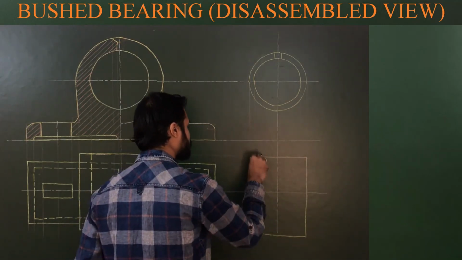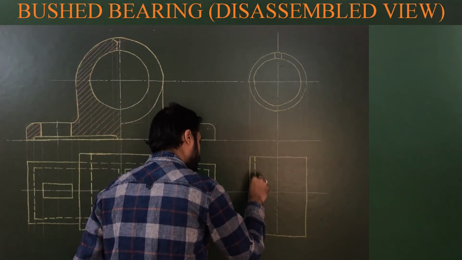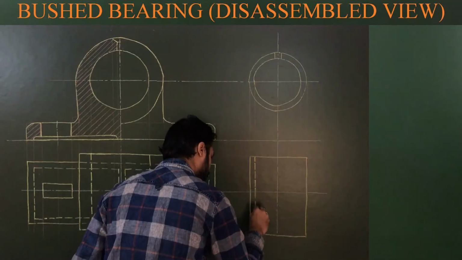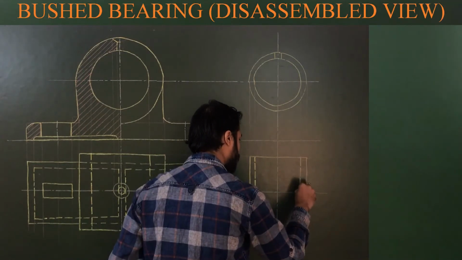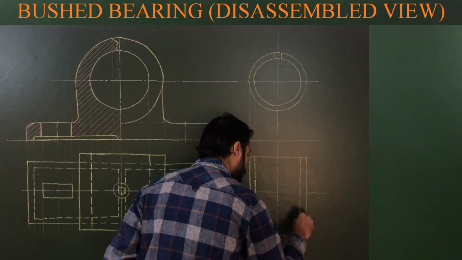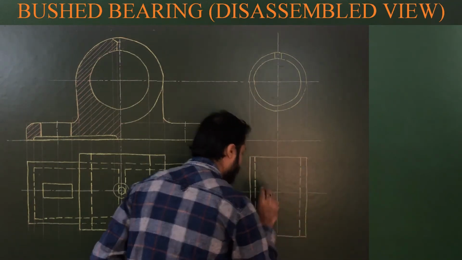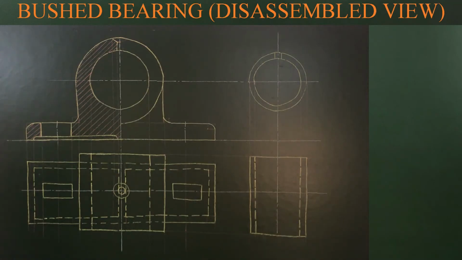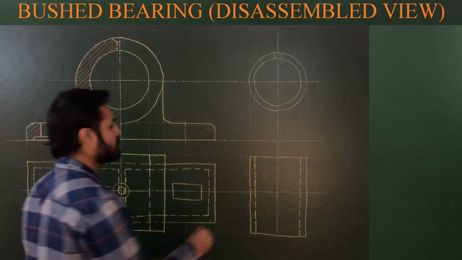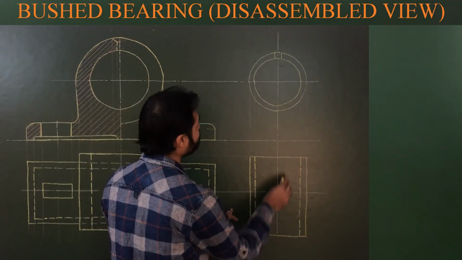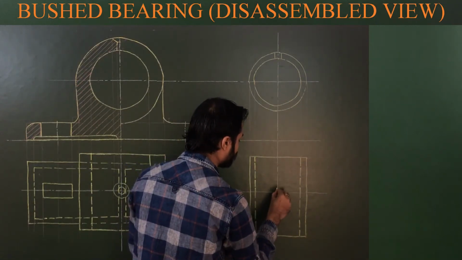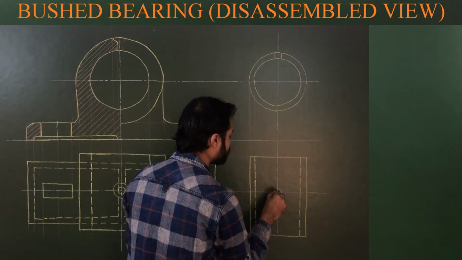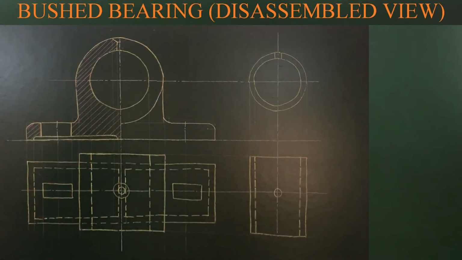And in the bush, this part is also hidden. So draw hidden lines for the internal part of the bush. And last, the oil hole. So from this point, the diameter of the oil hole is 6. So taking radius equal to 3, draw a circle of radius 3 or dia 6.